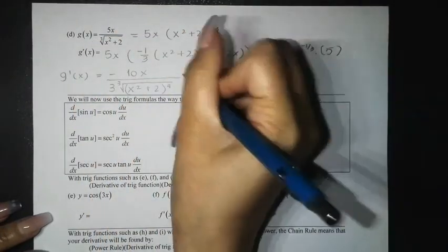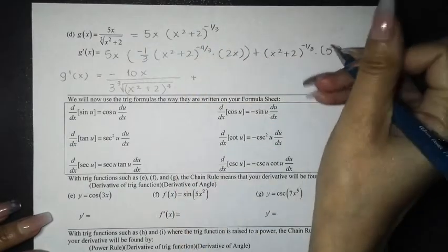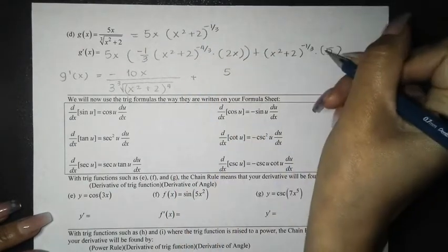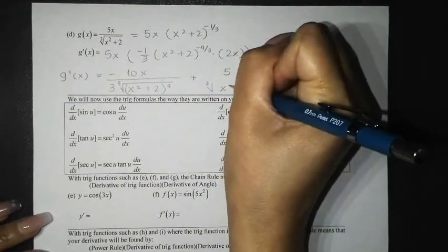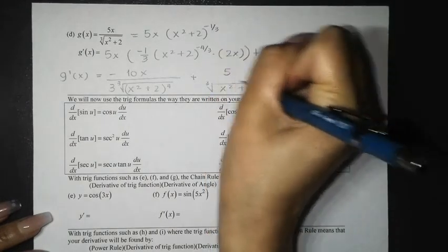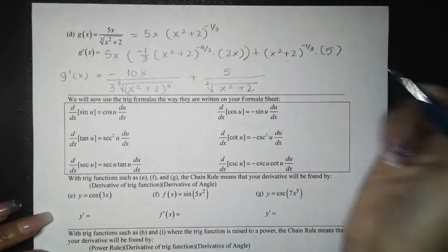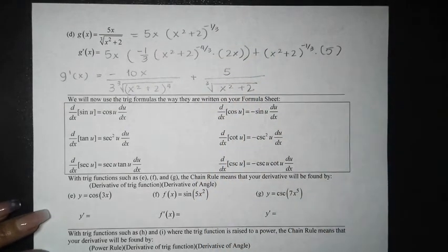Now this one over here, you know that it's going to be plus, and it's only going to be 5 on top, and then again you have the cube root of x squared plus 2, and that's pretty much what you have for this equation. That's as good as it gets.